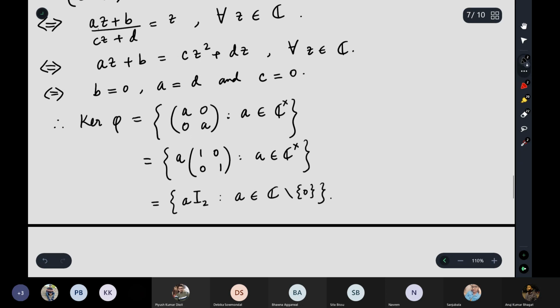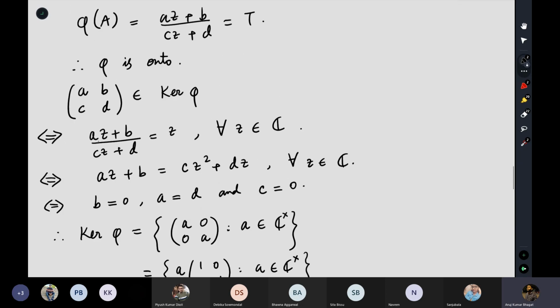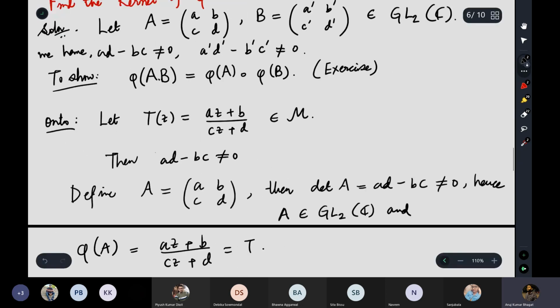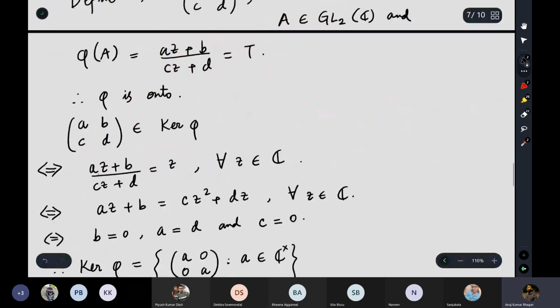So what is the point of doing this? You can also identify the Mobius transformations.